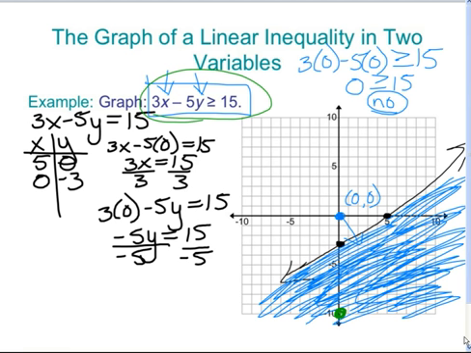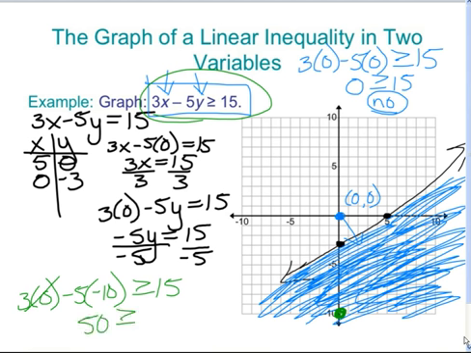So let's check it out. 3 times 0, minus 5 times negative 10. Is that larger than 15? 3 times 0 is 0. Negative 5 times negative 10 is 50, which is indeed larger than 15.